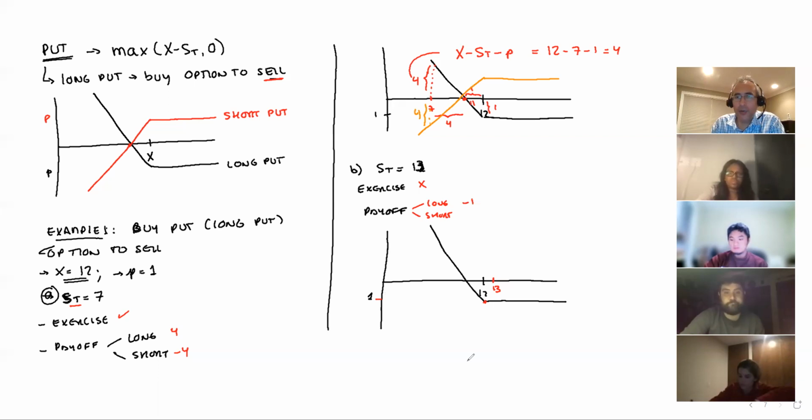So what is the counterparty, the short position? Basically, it is going to have a +1 because you don't exercise. They keep the fee, or they keep the premium.